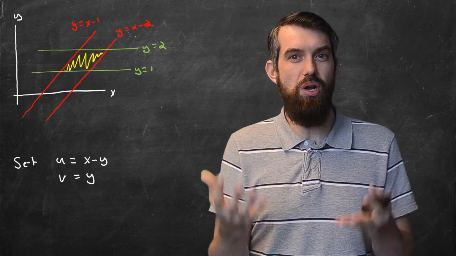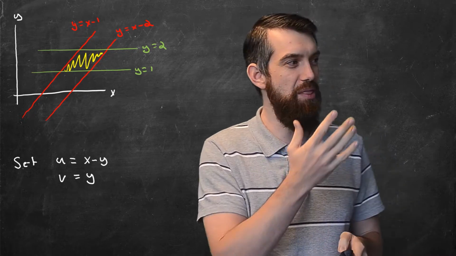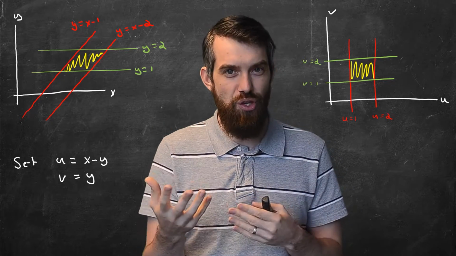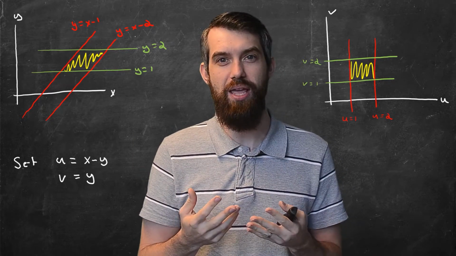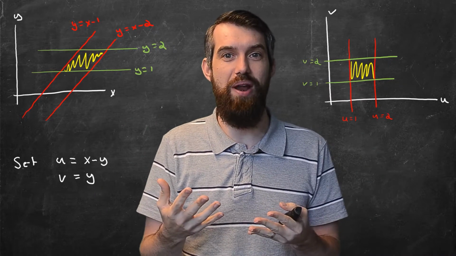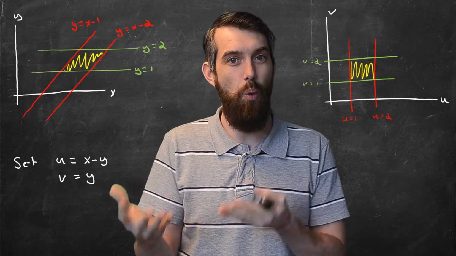These are just constants. Indeed, if I tried to draw the exact same region, but now in the uv plane, that is, expressing it in terms of u and v as opposed to x and y, then what I get is just a rectangle. It's just the rectangle where the v values are between 1 and 2 and the u values are between 1 and 2.